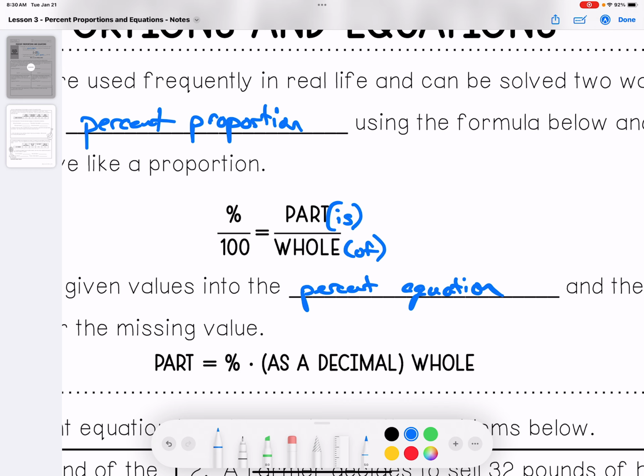The percent has to be a decimal, though. Percents under 100 are decimals. What if it was more than 100%, like 200%? Then it would be 2 point whatever the percent was. If it was 210, it would be 2.10. But if it's under 100%, which is all we're dealing with right now, then it's just going to be a decimal, 0 point something. That's if you're looking for the part. But we're really not going to do it that way. I'm going to show you the way we're going to do it.